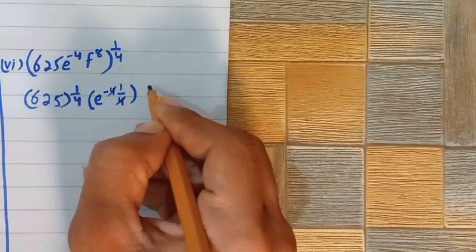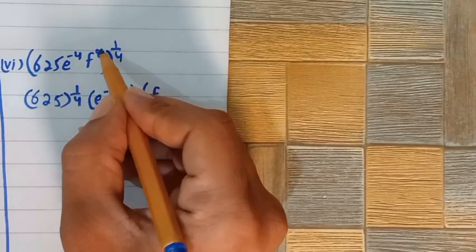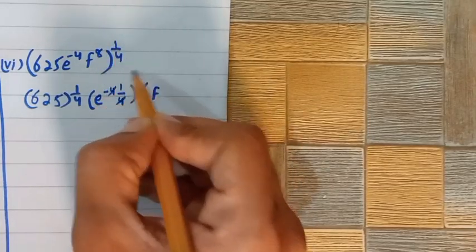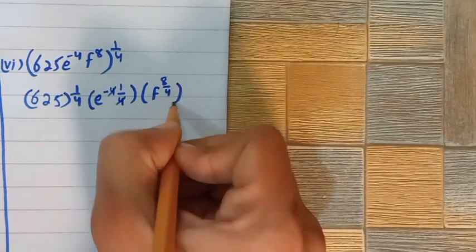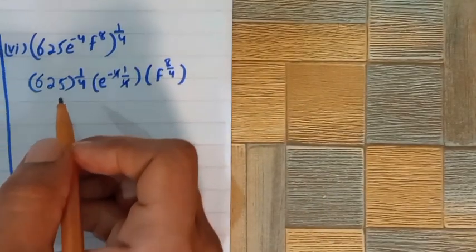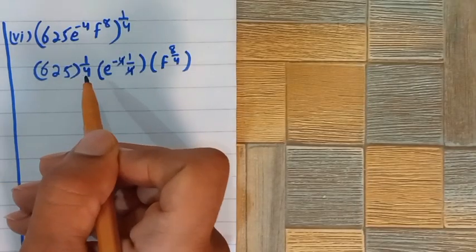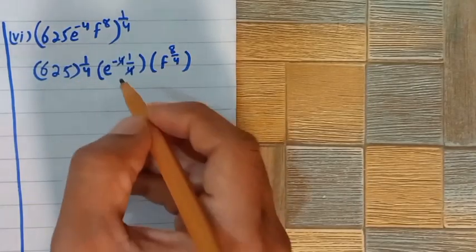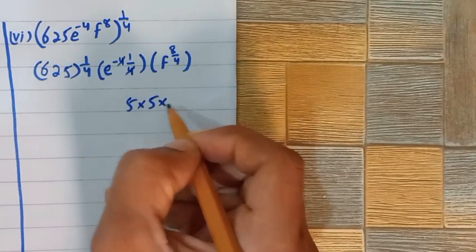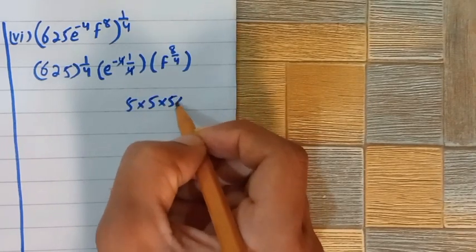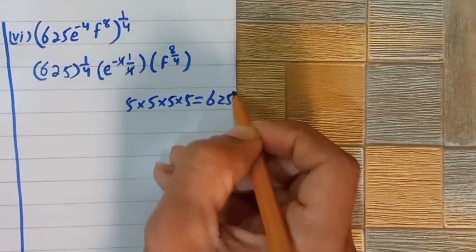Further, f^8 will be multiplied by 1 over 4, so f^(8/4). Further, this is a huge number, 625, so we will make it in exponential form. 5 multiplied by 5 multiplied by 5 multiplied by 5 is 625.